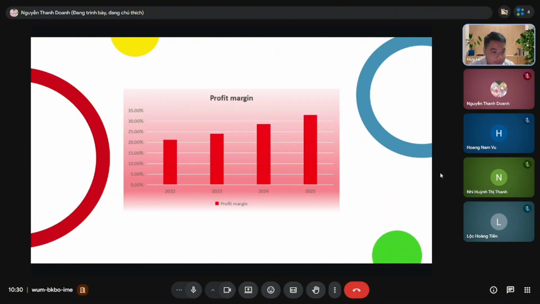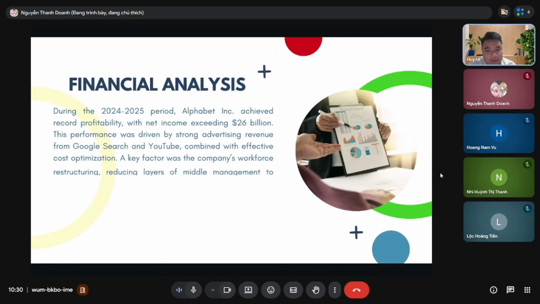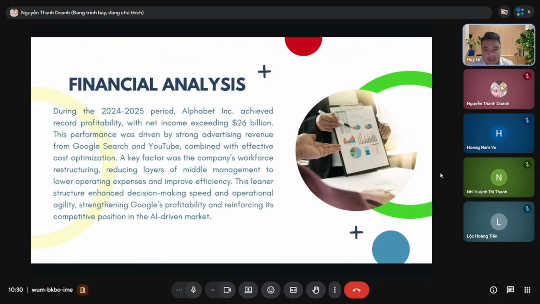Well, next slide. We're gonna see that during the 2024 to 2025 period, Alphabet Inc. has achieved record profitability with net income exceeding $26 billion, driven by very strong advertising revenue from Google Search, as Google is a search engine, and YouTube, an asset that Google owns.